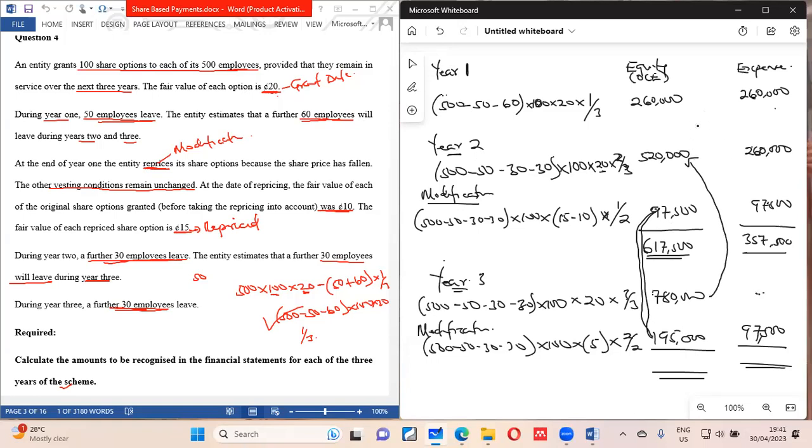Like you've been doing, the way you brought this one here, it was the difference between this one and this one. So the same thing you do, difference between this and this. So the modification one will be the difference between this and this. This is the balance sheet figure. All right. So 260,000. All right. Okay.